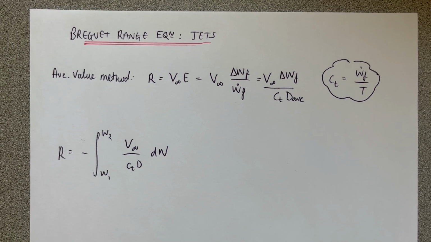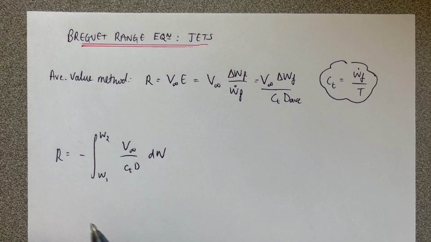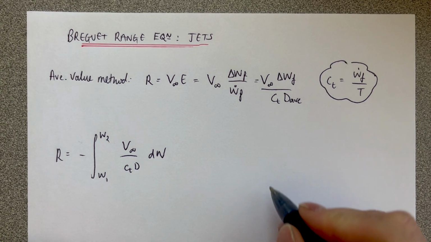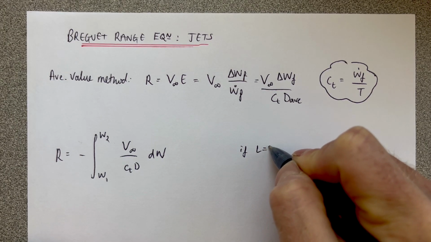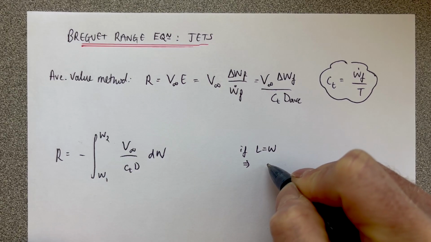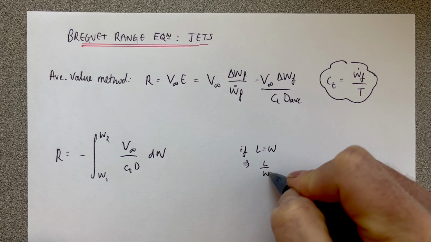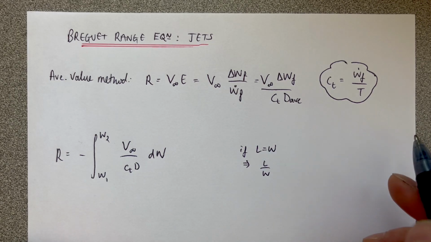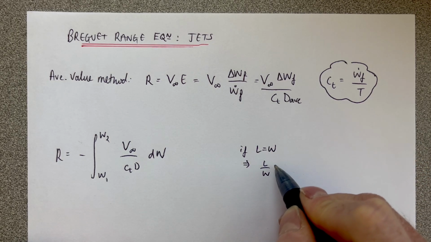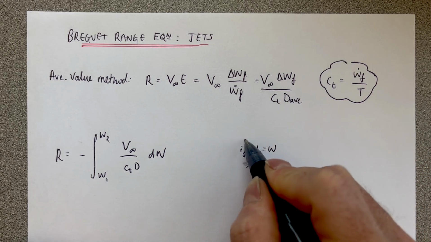As with all of our previous videos in this series, our first little trick to get us started is to multiply by 1 in disguise. If lift is equal to weight in our cruise condition, constant altitude, then lift over weight is equal to 1.